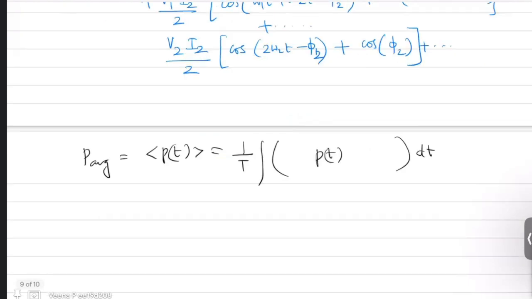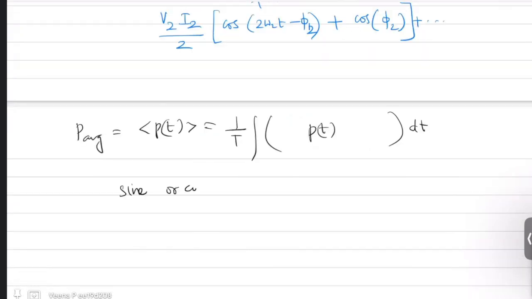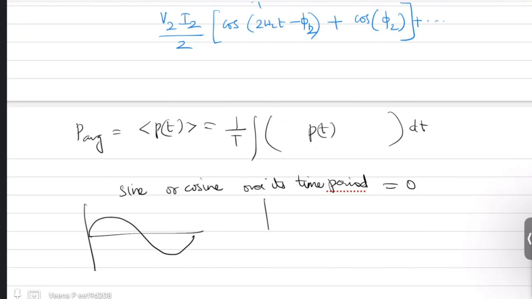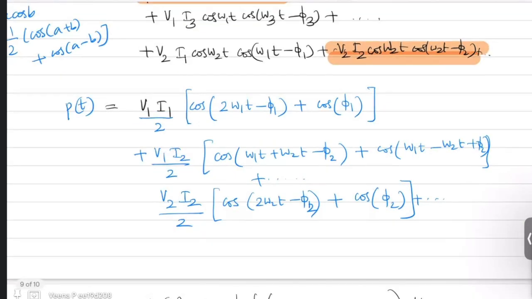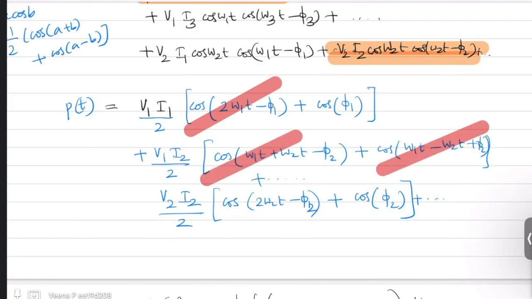Integrating a sine or cosine wave over its time period will give you 0, because in a full electrical cycle the positive and negative halves are equal. So you have your average value as 0. That means in this expression, wherever cos terms or sine terms are coming, the average value will be 0, and similarly this will be 0, this will be 0, this will be 0.